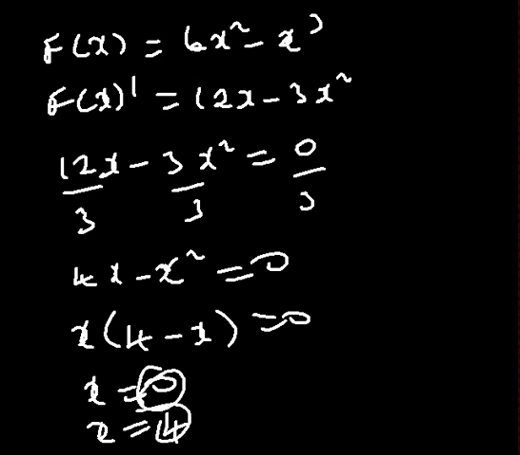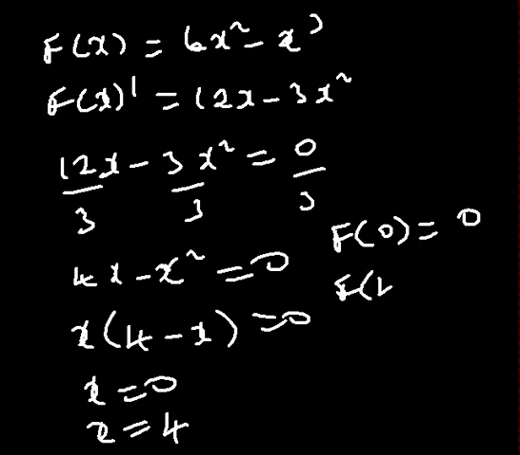And now these are the critical values, and from there we start to substitute into the original function. And now using the same principle, f of 0 is also 0, and f of 4 is given as 16 times 6. What would that be? 16 times 6 is given as 96.